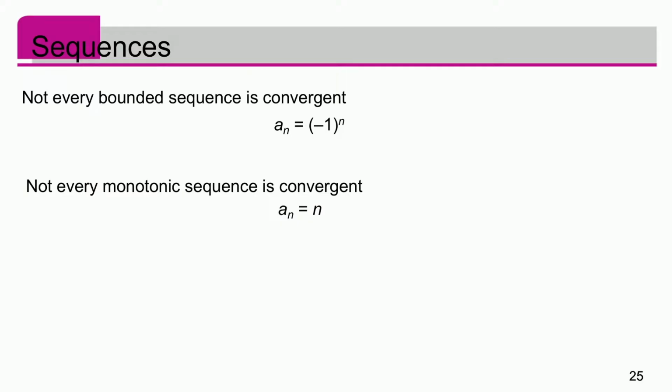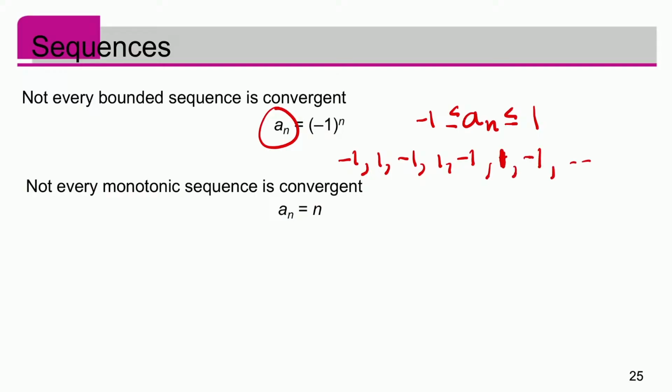That's bounded. Yeah, so bounded sequences. Not every bounded sequence is convergent. What I mean by bounded is that your sequence values are always between certain numbers, for example, a sub n is always between -1 and 1. So it's bounded, but this particular sequence does not converge. The reason it doesn't converge is because if I wrote down the values of this sequence, notice that they toggle between positive 1 and -1, and so these don't settle down to any number.